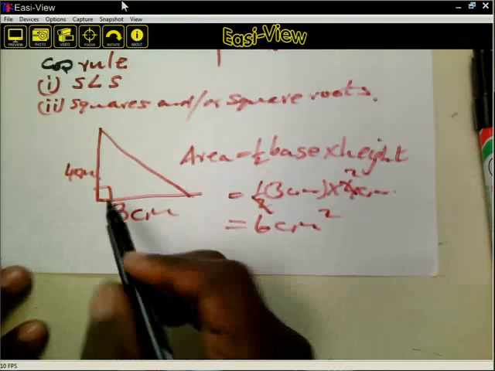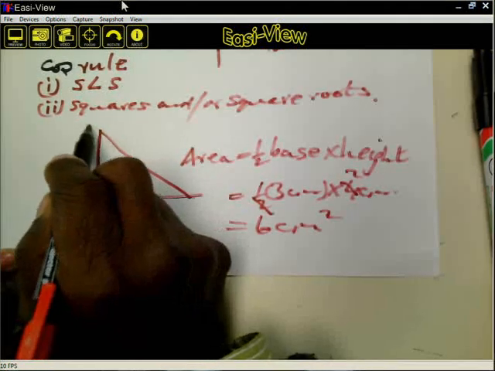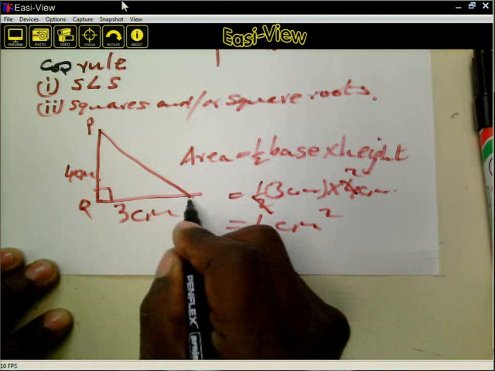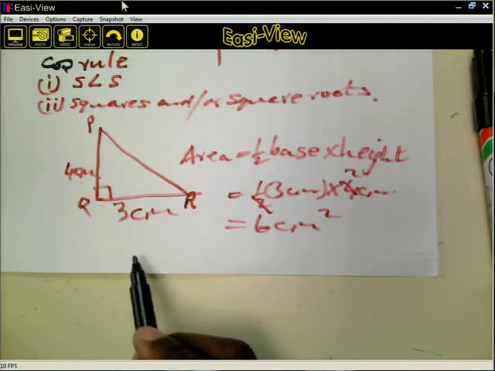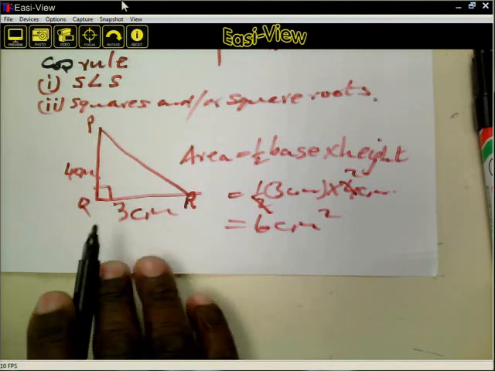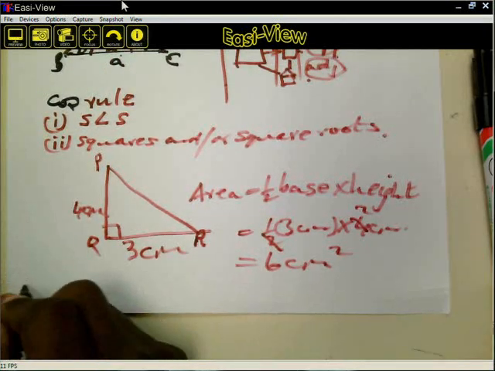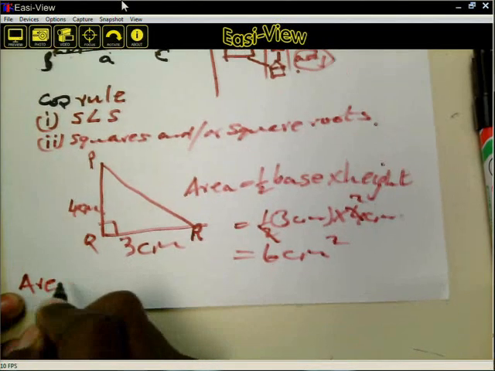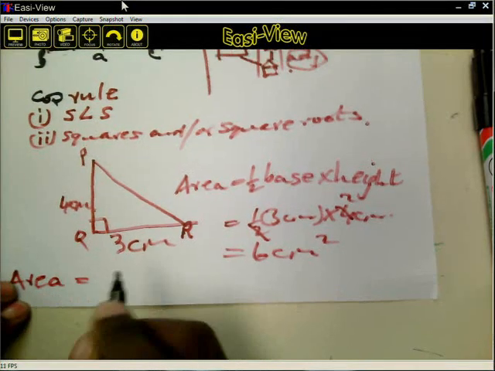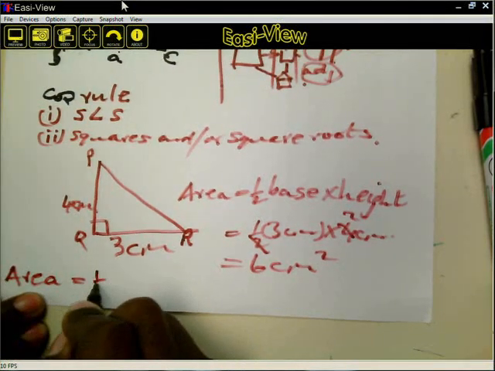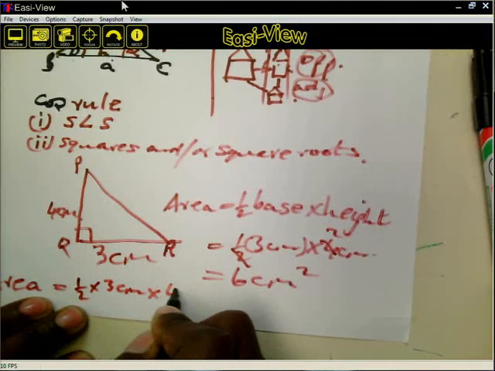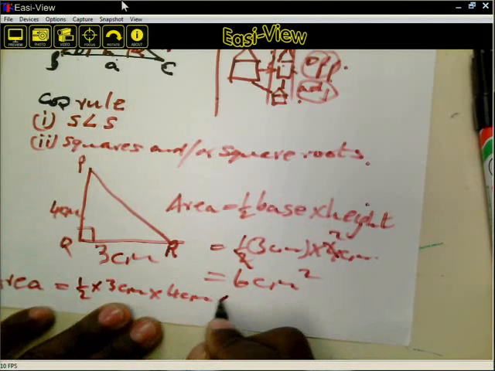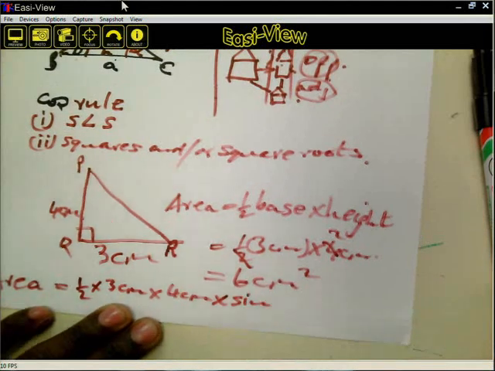However, suppose this PQR is not right angled, then we use the area rule, which can also apply here, that says area is equal to half the product of the two sides times the sine. The sine of what?